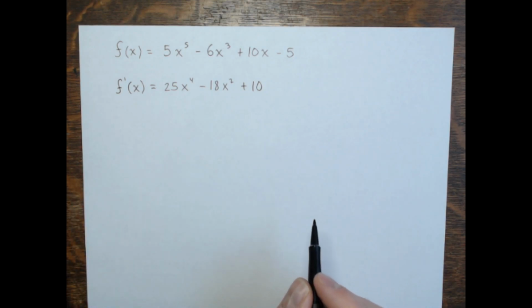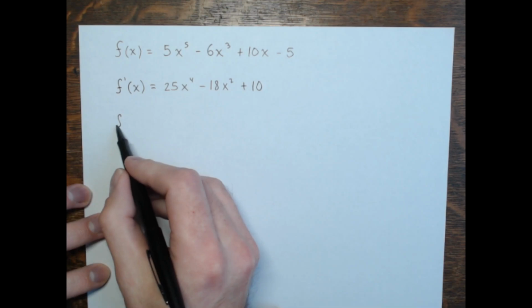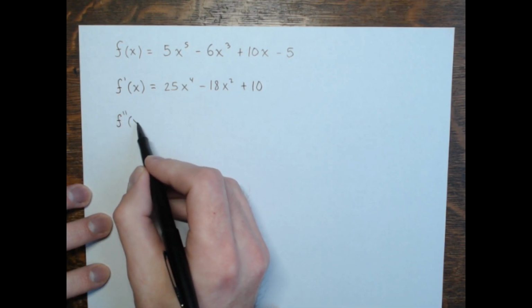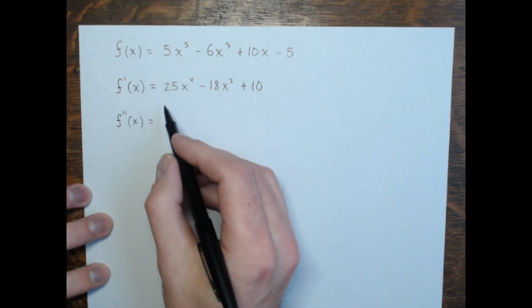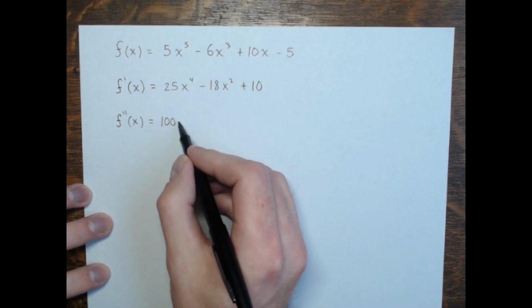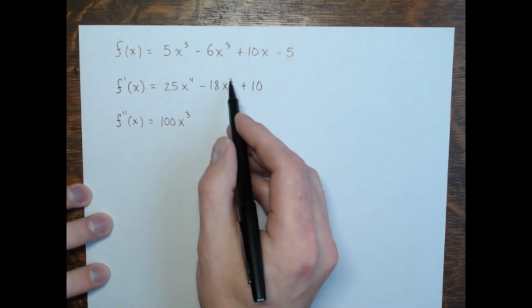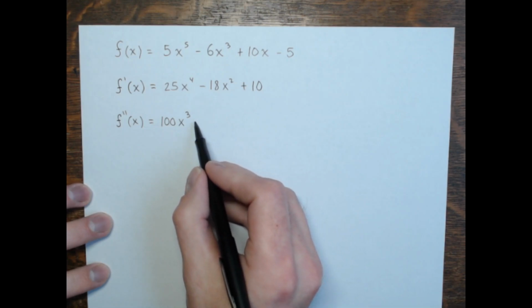There's your first derivative. And then second derivative, right, f double prime. And just a simple power rule term by term here would be 100x cubed minus 36x.